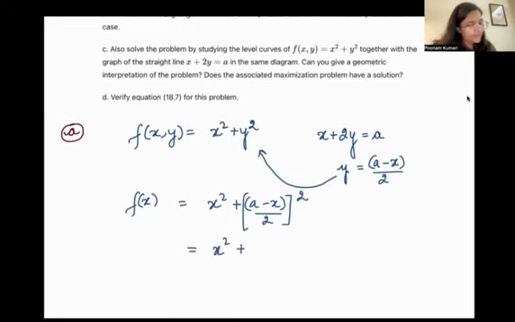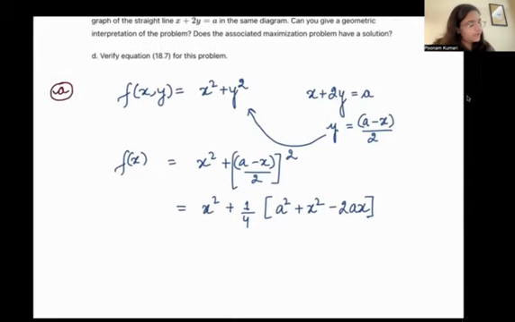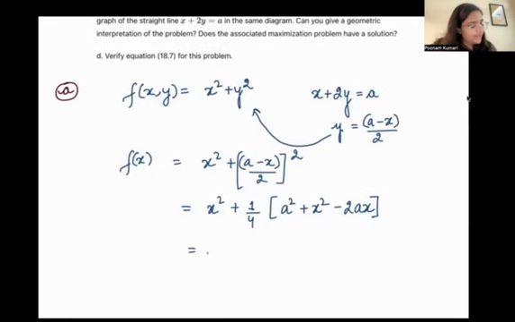So what is this now? x squared plus, I can bring 2 outside and square it, and then it will become 1 by 4, and then a minus x whole squared. What does that become? a square plus x square minus 2ax. Yes? So now what is my function? x square plus a square divided by 4 plus x square divided by 4 minus 2ax divided by 4.